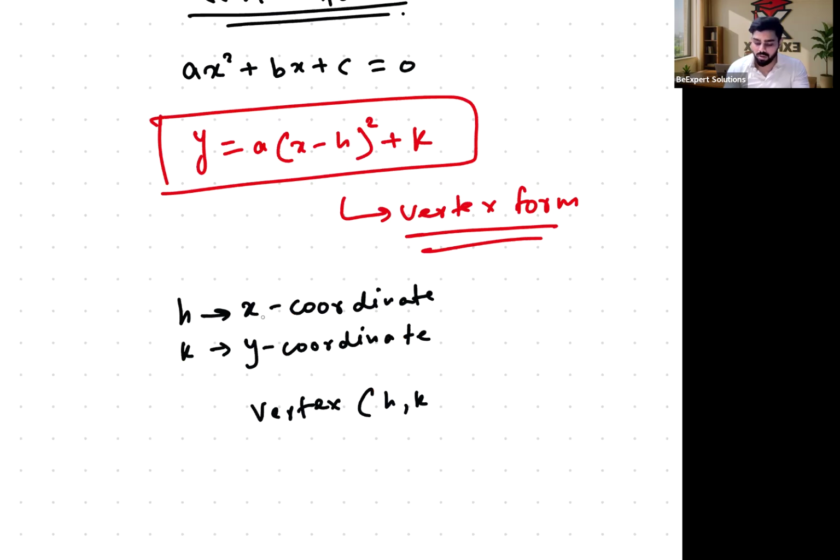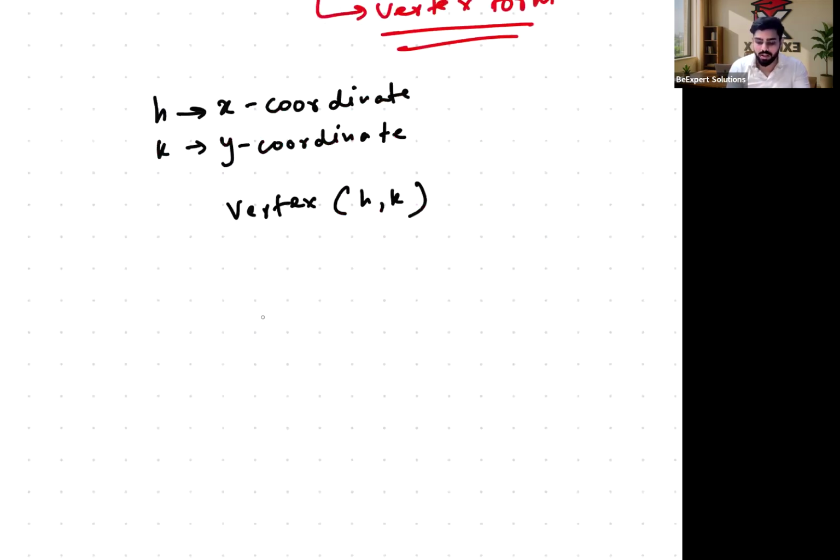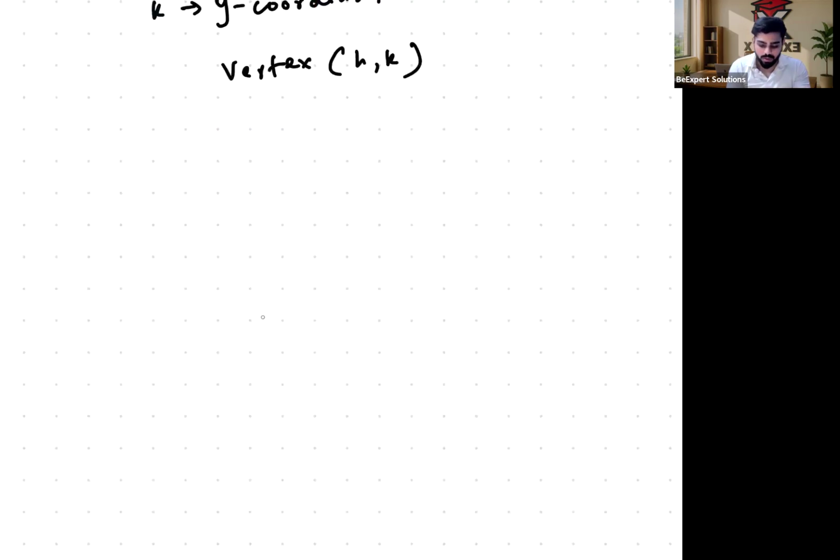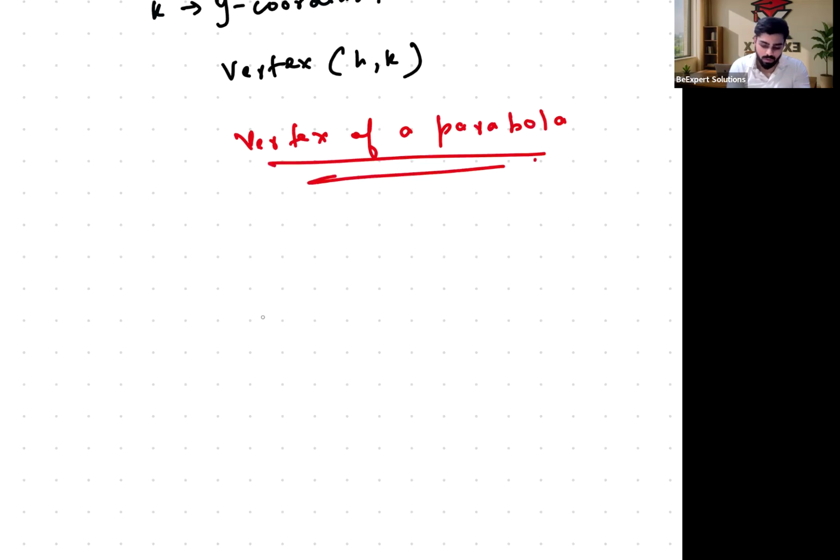Through a graph also I'll try to clear that out with you. Let's say the topic is: what is the vertex of a parabola? To understand that, let's say we have a graph over here. In this graph, I have a point here specifically, moving from here to here.